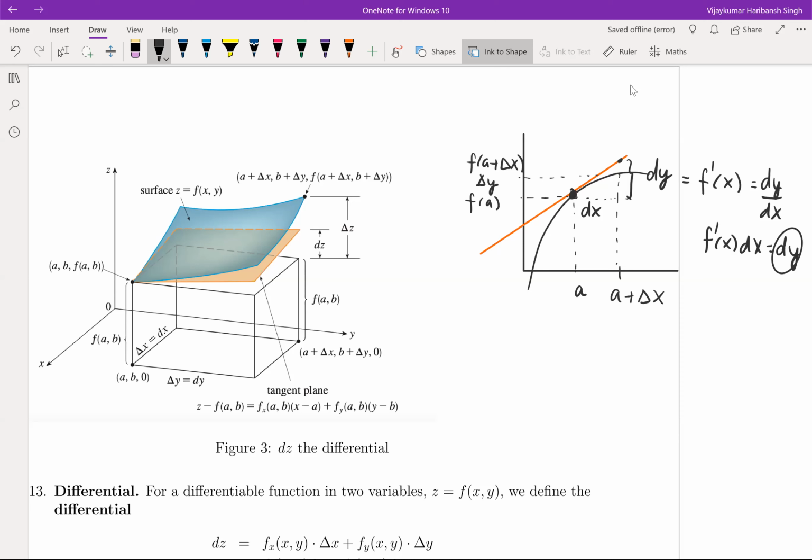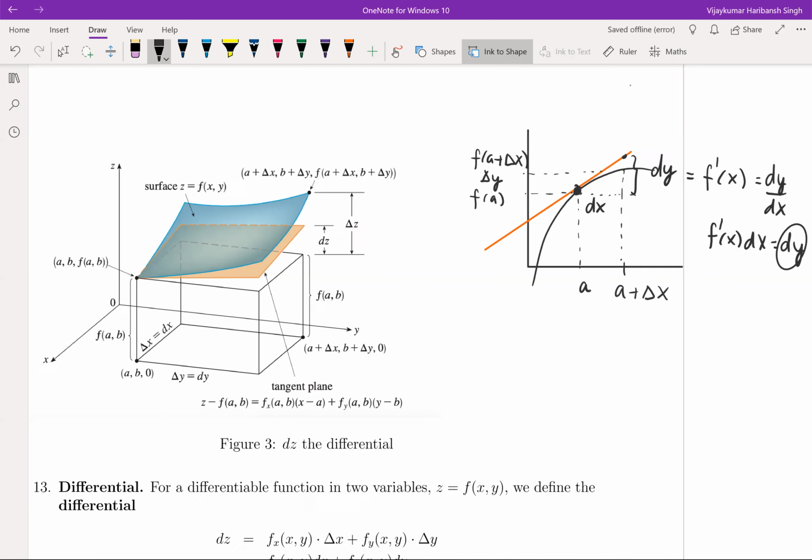We want a similar concept of differential for functions of two variables. One may ask why. Well, you want to see how much your function changes, which is delta y, but you want a good approximation for it which is easy to compute, and hence you took dy. It also tells you about the results on differentiability and linear approximation.